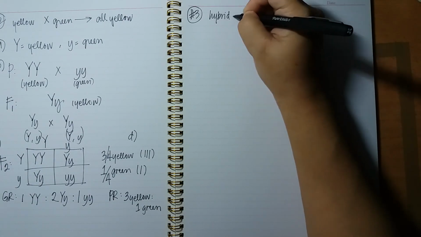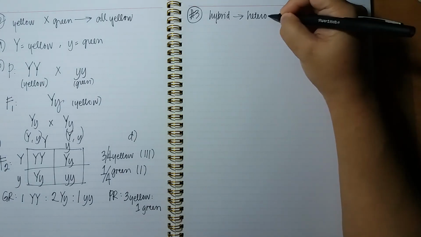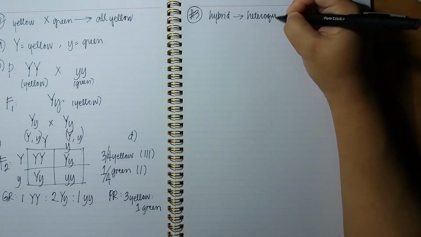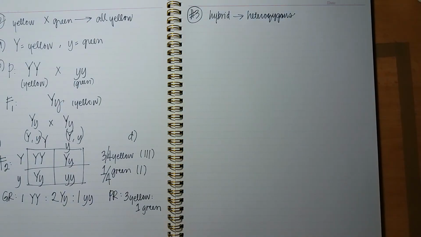So, what does hybrid mean? They are heterozygotes. Okay? So, whatever gene or character this is referring to, you can assign your own letters. Okay? Let's just use A. It's the easiest, and it's easier to distinguish the big letter from the small letter.